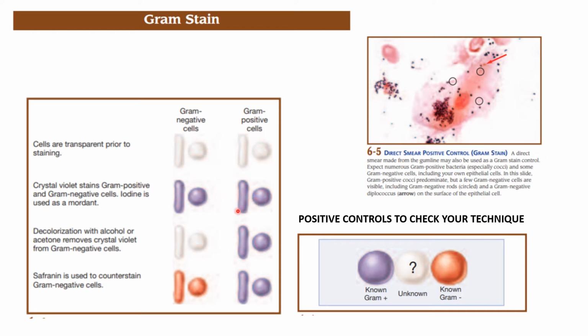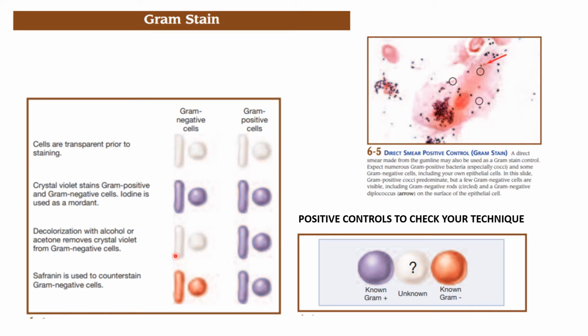After iodine treatment, of course, gram negative cells and gram positive cells still appear purple. Then after that, we use alcohol as a decolorizing agent, or sometimes acetone, for some seconds.